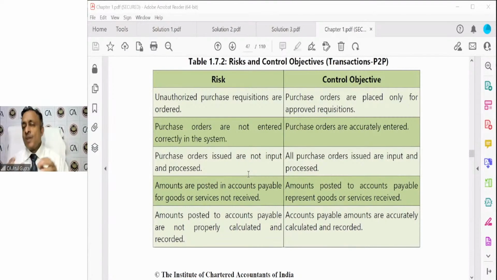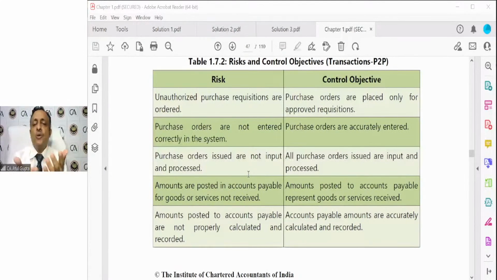So in integrated systems like SAP, ERP systems, the question doesn't arise of not entering the purchase order correctly in the system. It is already in the system. The issue may be that approval is not being done appropriately and correctly. So all approval has to be done accurately.